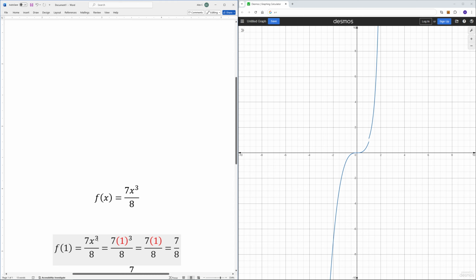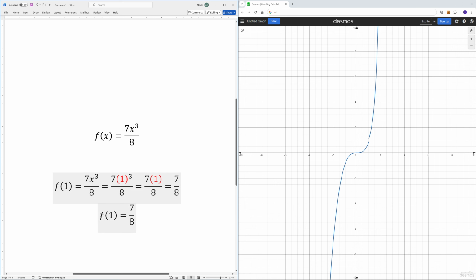You can see 7x cubed over 8, substitute it in: 7 times 1 cubed over 8. 1 cubed is just 1. 7 times 1 is 7. Therefore, 7/8. So for the piece where x is less than 1, as x approaches 1, the limit is 7/8, non-inclusive.